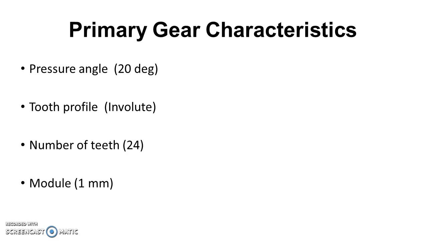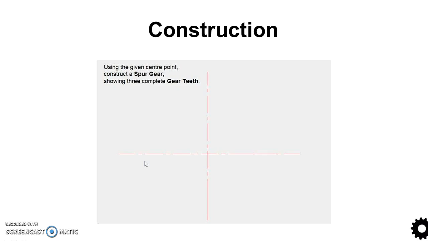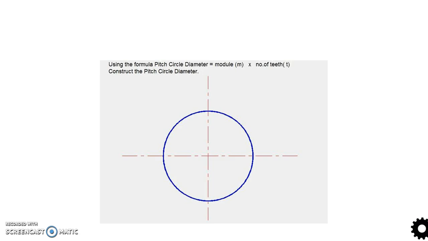Number of teeth and module, those values which are shown on the screen, they are themselves not very important. Important is the procedure. So we start by drawing two center lines, one vertical, one horizontal, and the intersection is the center point of the spur gear.